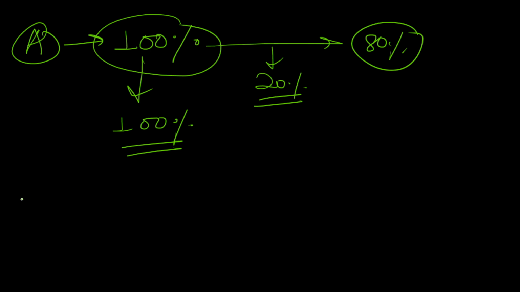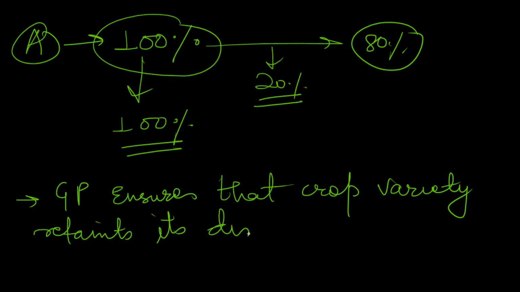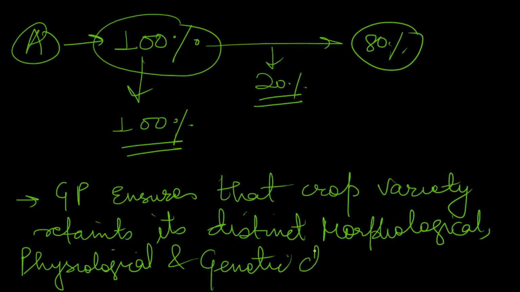You can also mention here that genetic purity ensures that the crop variety retains its distinct morphological, physiological and genetic characters over generations.